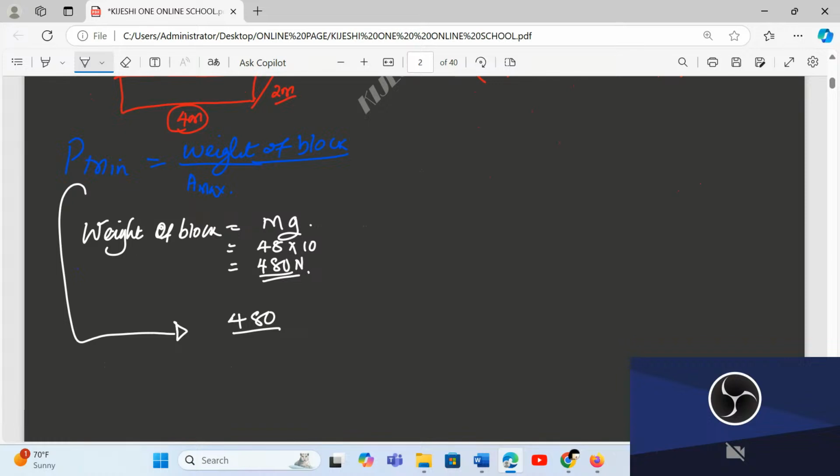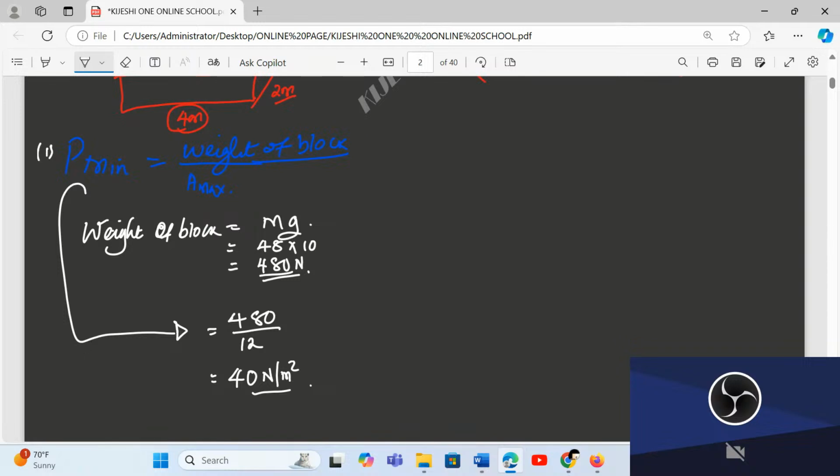And this will lead us to 40 Newton per square meters.